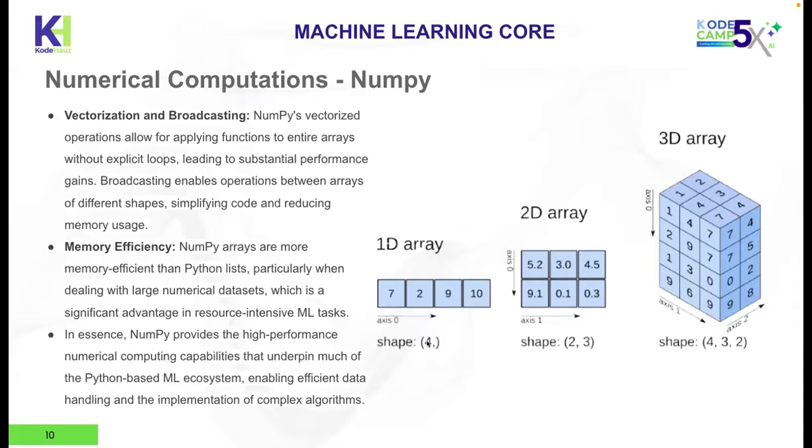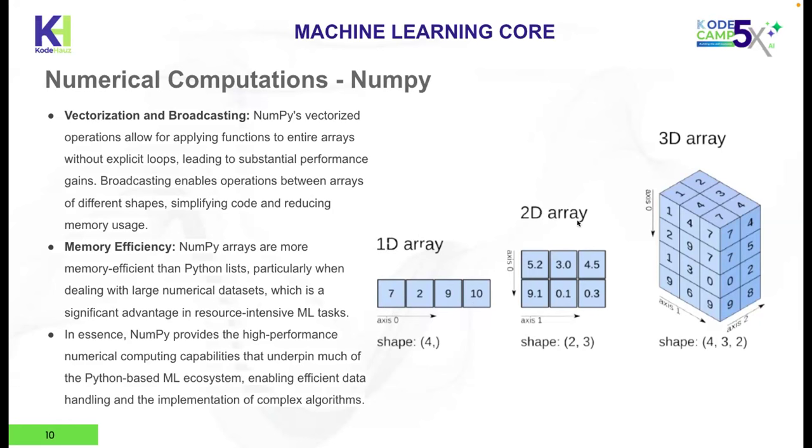So for example, this one has a single dimension, and that dimension has a shape of 4. This 4 here means there are 4 cells, and there are 4 values. The 4 values are 7, 2, 9, 10. It has a single axis and the axis is axis 0, and it's a one-dimensional array.